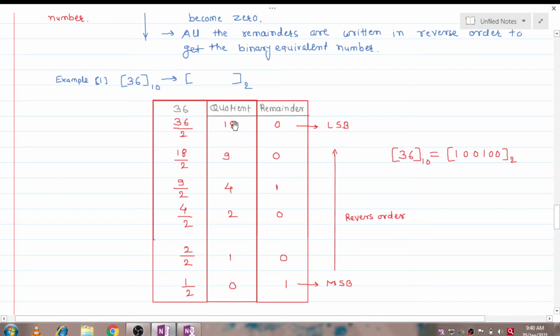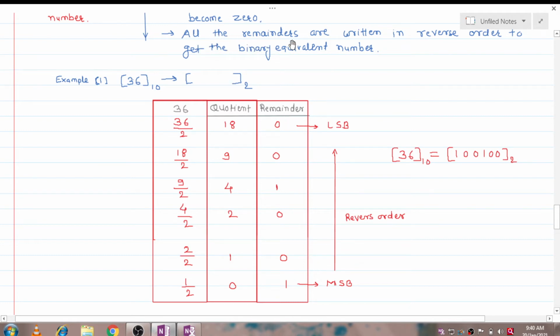We do the calculation until the quotient becomes 0. The last remainder is the most significant bit and the first remainder is the least significant bit, so we write in reverse order.